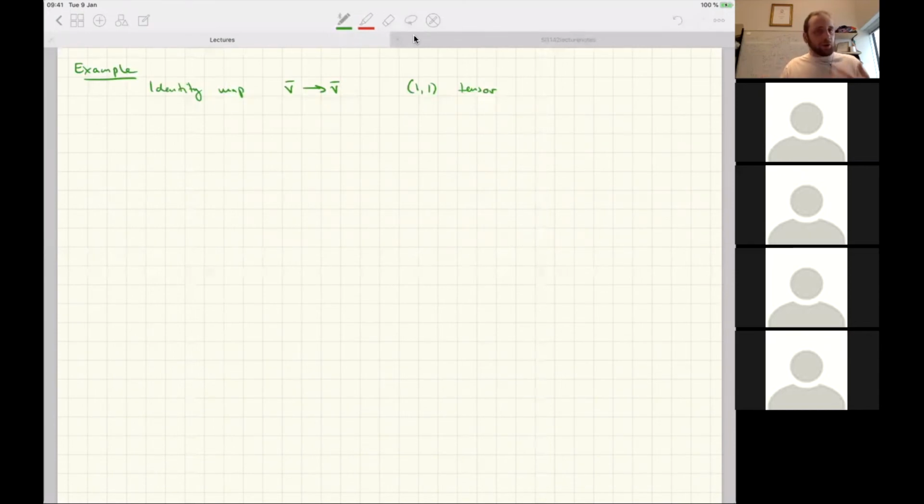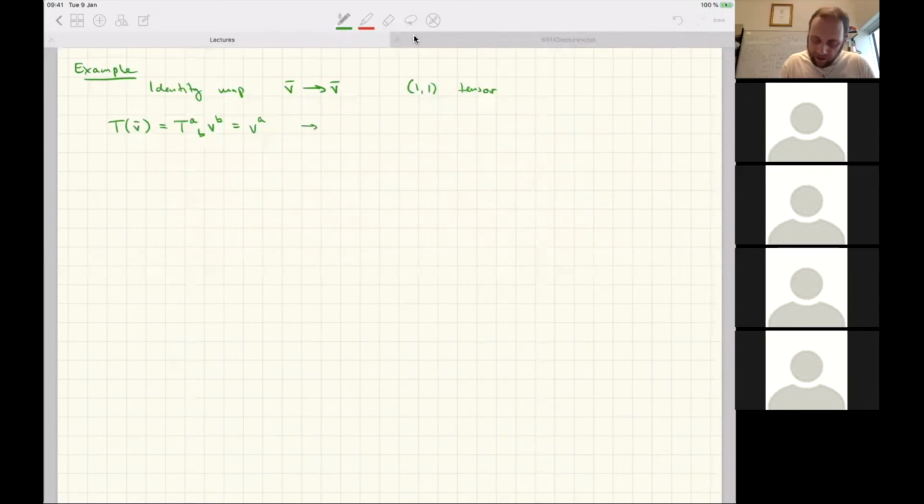The question is, what are the components? Let's look at that. The components of a tensor: if I take any (1,1) tensor T of V, this should be equal to T^a_b V^b. However, for our particular identity map here, this is equal to V^a.